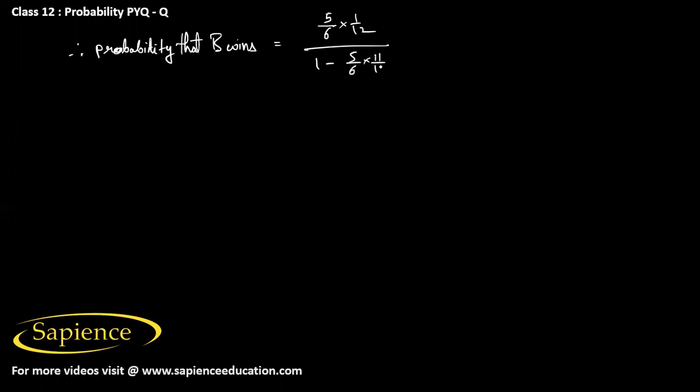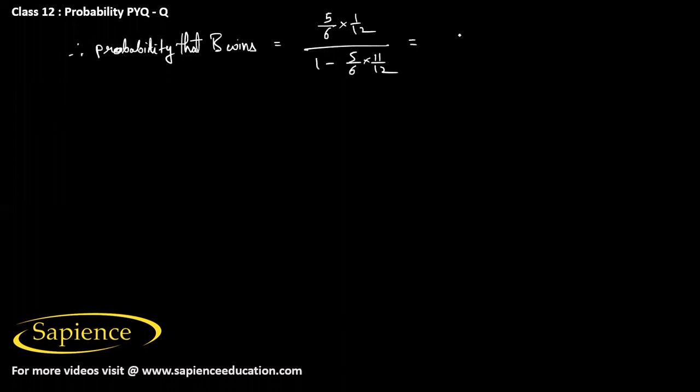So therefore, the required probability that B wins, given that A starts the game, would be the sum of the infinite GP. So that is 5 by 6 into 1 by 12 divided by 1 minus R, which is 5 by 6 into 11 by 12.